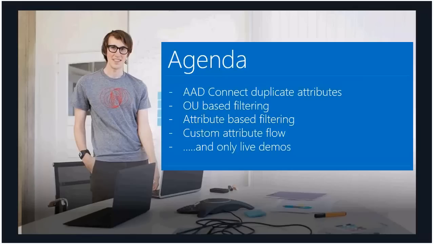We have organizational unit-based filtering or attribute-based filtering, and this is also the point where we will introduce the concept of the synchronization rules editor that we have in Azure AD Connect, and we will do everything as you already saw in the last webcast, only using live demos.